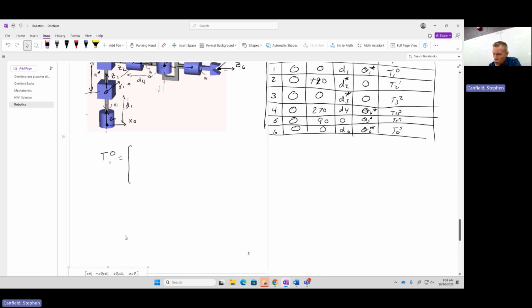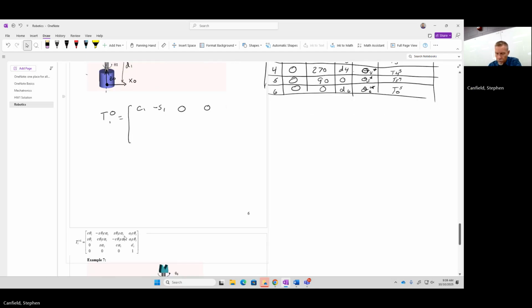So row 1 is cosine theta 1, second row is negative sine theta 1 times the cosine of alpha 1. Alpha 1 is 0, so cosine of 0 is 1. So I get negative sine theta 1. Third column is sine theta 1 times the sine of alpha 1. Alpha 1 is 0, sine of 0 is 0. Last row is A1, which is 0, times cosine theta 1.